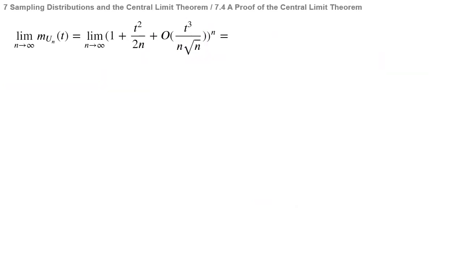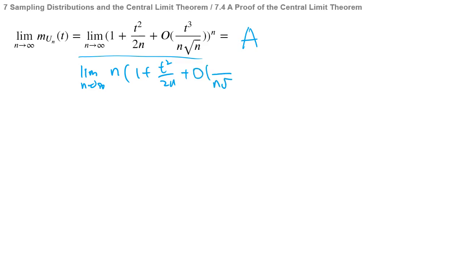Okay, so actually there's another way to solve this limiting value. Let's say the answer for this limiting value is a, and you can take the log of both sides, and so the limit as n goes to infinity, and the log of this thing is n times log of (1 plus t squared over 2n plus big O of t third over n square root of n) equals log of a.